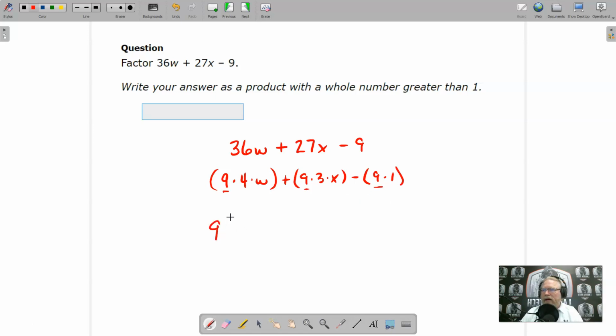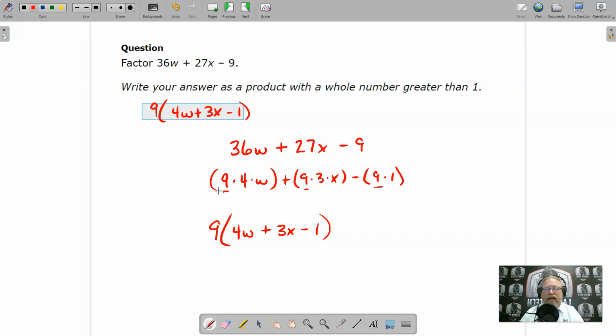And 9 is what we're going to pull out. I'm left with 4w, and plus sign. Here I'm left with 3x, and here I'm left with minus the 1. So I end up with 9 times the quantity of 4w plus 3x minus 1.